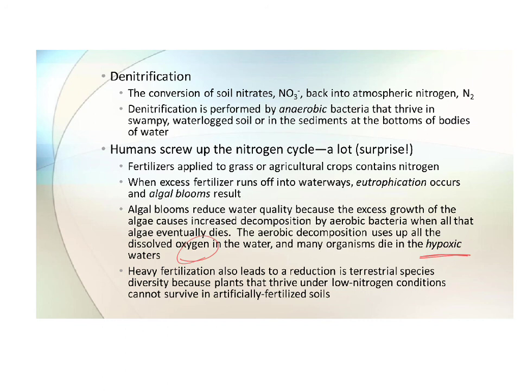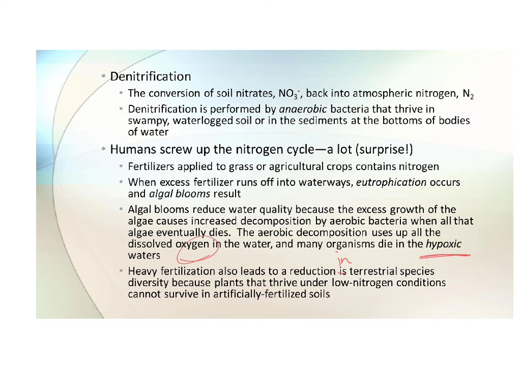Heavy fertilization also leads to the reduction, this should say in, not is, in terrestrial species diversity, because plants that thrive naturally under low nitrogen conditions can't survive when we artificially fertilize soils.